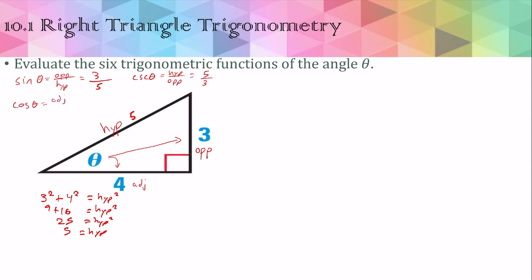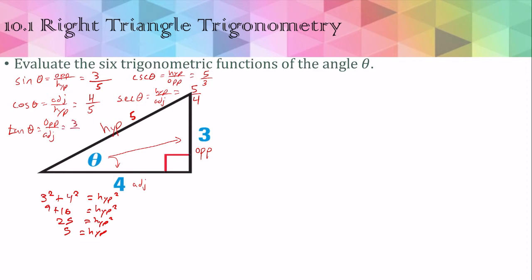Cosine is adjacent over hypotenuse. The adjacent is 4, hypotenuse is 5. Its reciprocal, secant of the angle, is the hypotenuse over the adjacent, which would be 5 over 4. Tangent of the angle is the opposite over the adjacent.